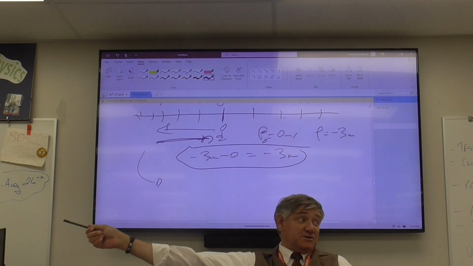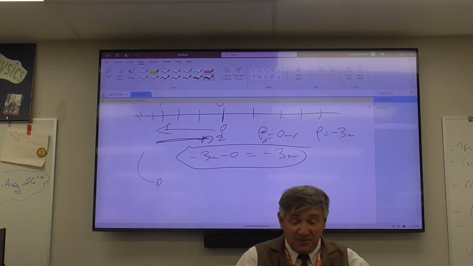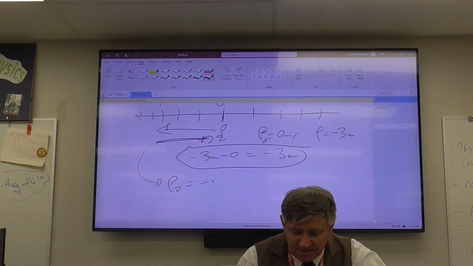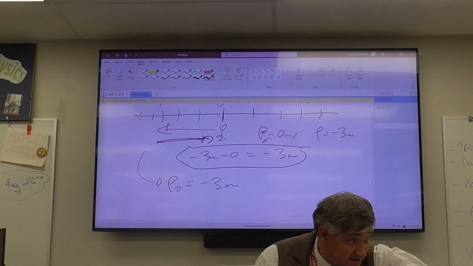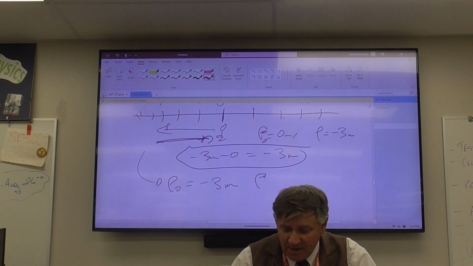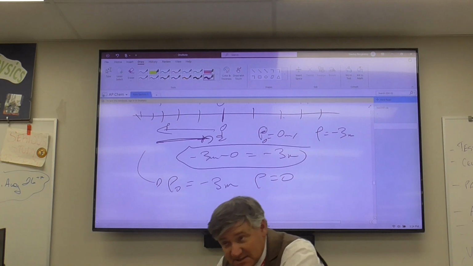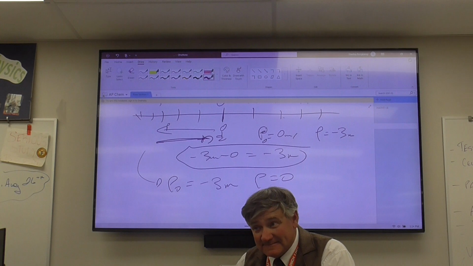No, on the return trip, where did I start? Away over there at -3. I started at -3. So on the return trip, my initial position is going to be -3 meters. What's my final position? 0. So my final position is going to be 0. Now, Deacon, what's my displacement going to be? 3 meters. Why? Because you're moving 3 meters in the positive direction back.